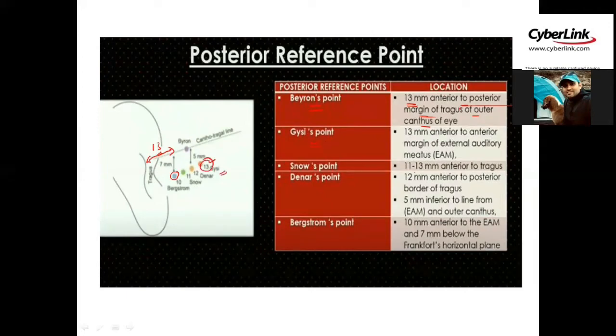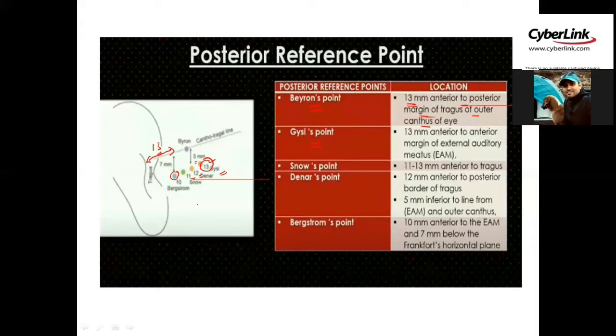Then Snow's point, 11 to 13 mm anterior to the tragus. Then Denner's point, which is 12 mm anterior to the posterior border of the tragus and 5 mm inferior to the line from the external auditory meatus to the outer canthus.